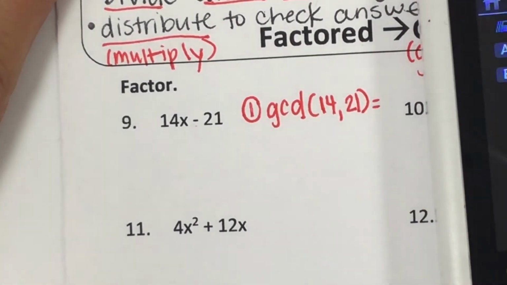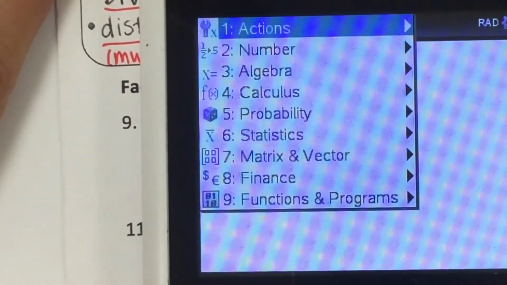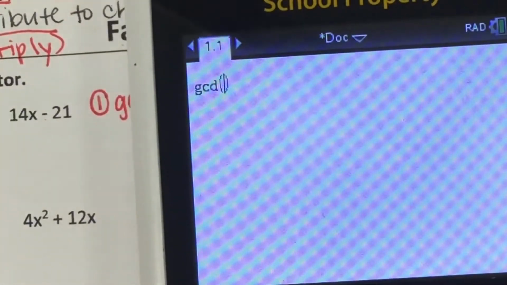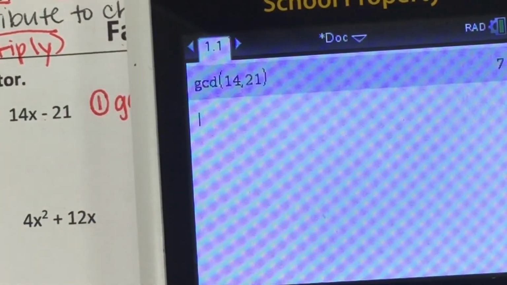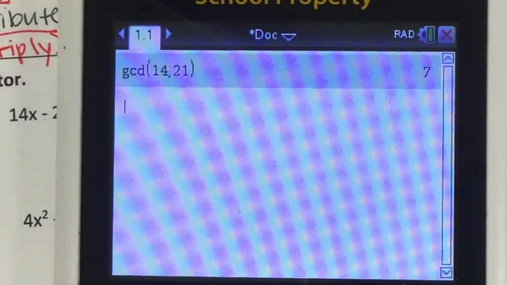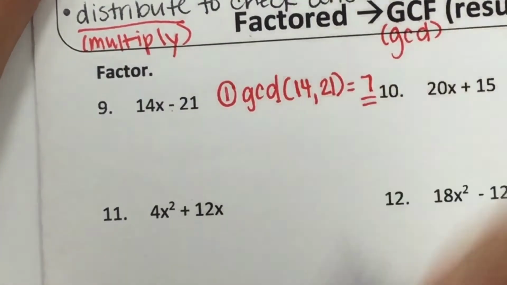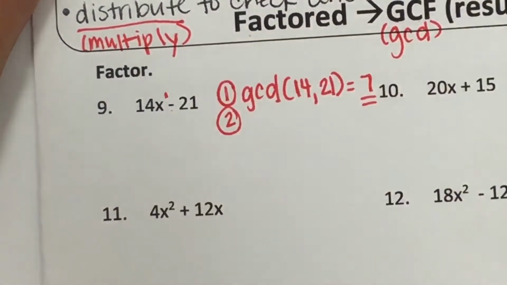So go ahead and take your calculator, open up a new document, and find the GCD, menu 25, and you're finding the GCD of 14, 21. You get 7. So 7, and then 2, you find the one with the smaller exponent.